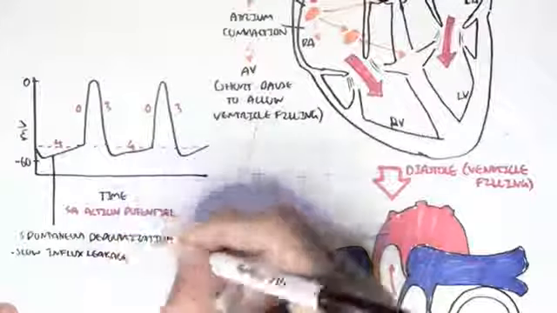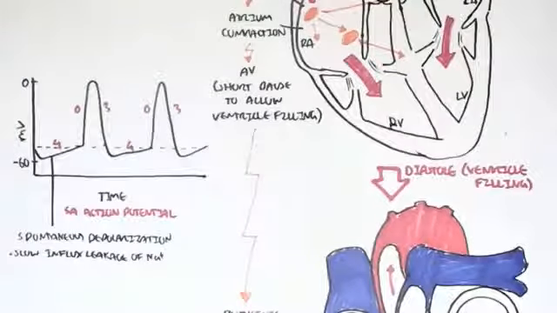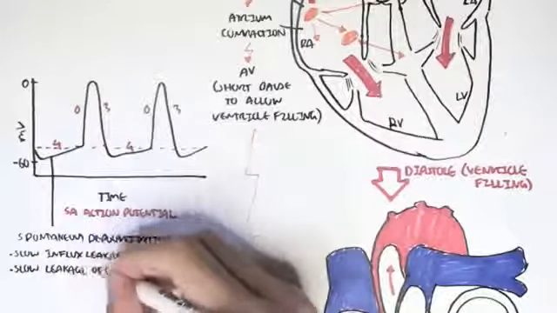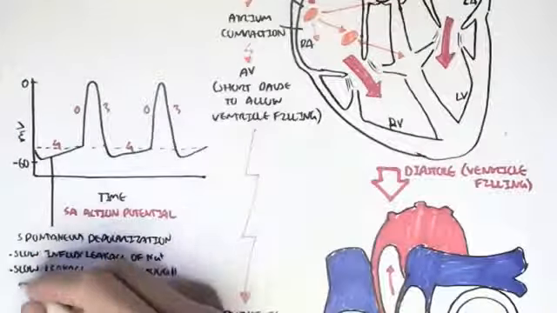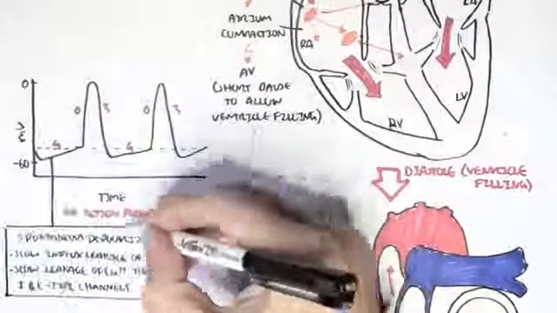And as the name suggests, it's when the sino-atrial node spontaneously depolarizes, becomes more positive because of the slow influx of sodium and calcium ions, with the calcium ions coming through T and also L type channels.